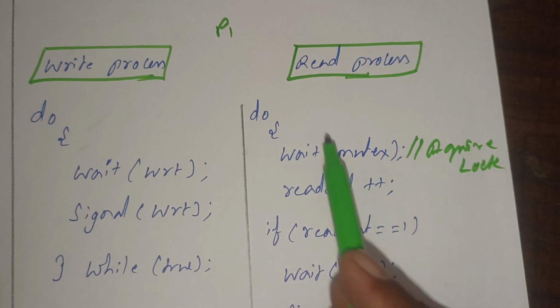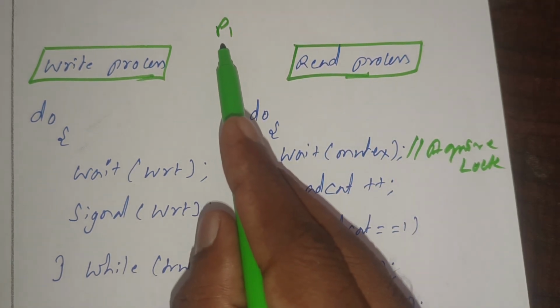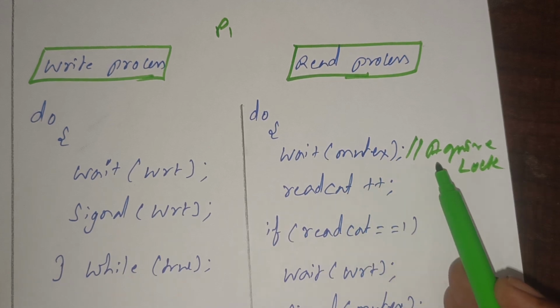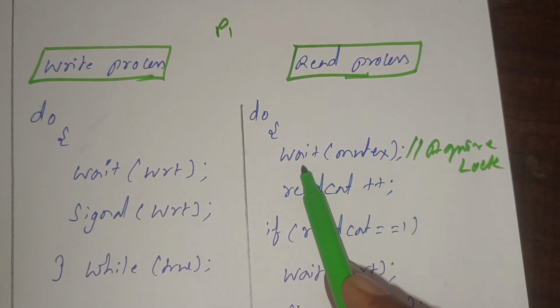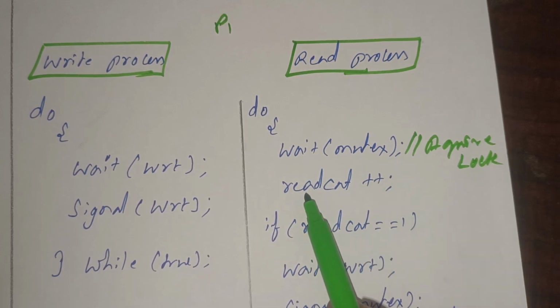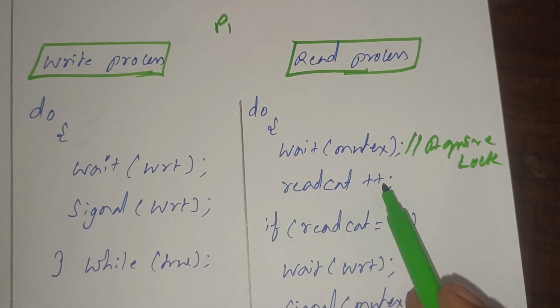I'm going to enter. Who is going to enter now? The read process is going to enter. That is the procedure process one is doing. Process one is reading. Once the critical section is free, I enter by using this wait mutex, that is, acquire the lock. Once this read process one has entered, read count is incremented.